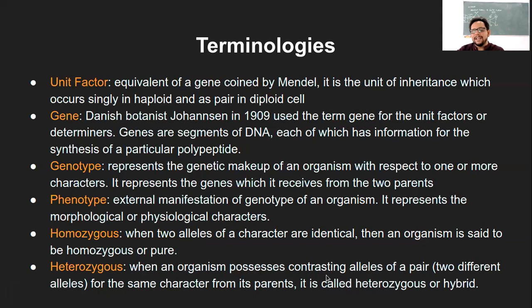These are contrasting alleles or contrasting characters for one particular trait. Having two different alleles for the same character from its parents is called heterozygous, and that is also called hybrid because it has two different alleles or genes.